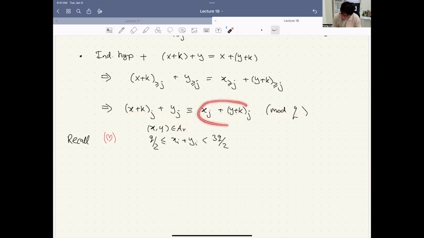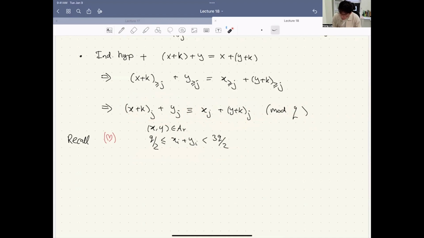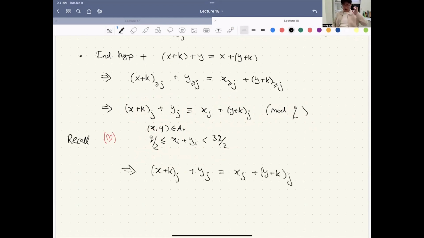So these both should satisfy this inequality. The largest it can be, mod q cannot catch up, cannot wrap over to the smallest element. So this implies equality holds without the modulo q. Okay, good.